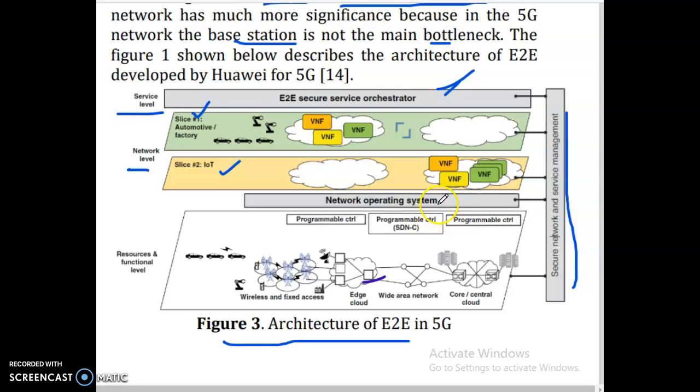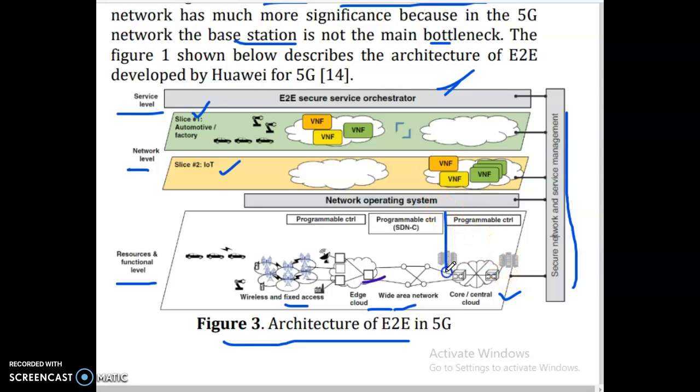Network operating system also. After that, resource location, resources and functional level, programmable control, SDNC, programmable control, wireless and fixed access, edge cloud, wide area network WAN, core central cloud.